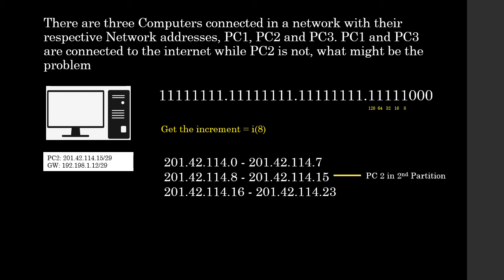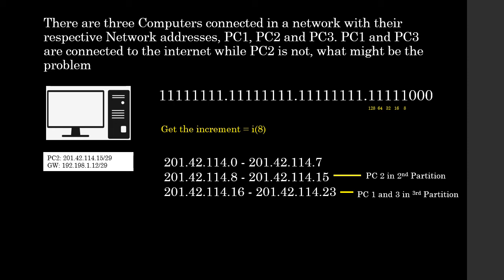So, ayan. Though nalaman natin kung ba't hindi siya makakonect sa internet ay dahil si PC2 ay nasa second partition o second slice ng mga ranges. At si PC1 and PC3 ay nasa third partition.